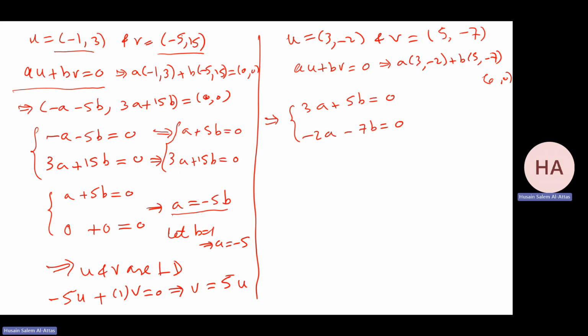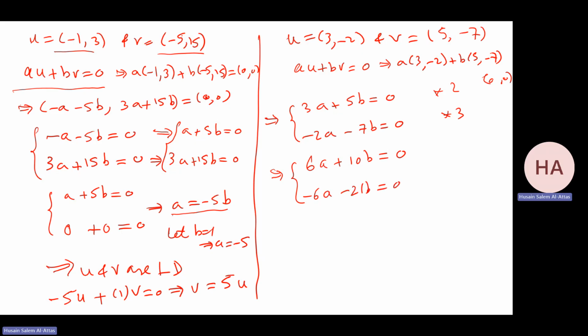How to solve the system? As I said before, you can try any of the methods we learned in chapter 3. I can do substitution or I can do elimination. For example, I can multiply the first one by 2 and the second one by 3 to get rid of A. So I have 6A plus 10B equals 0, and minus 6A minus 21B equals 0.